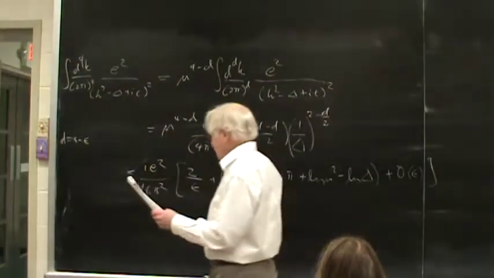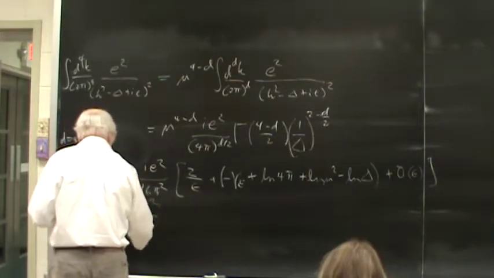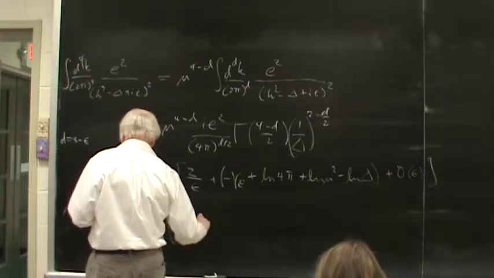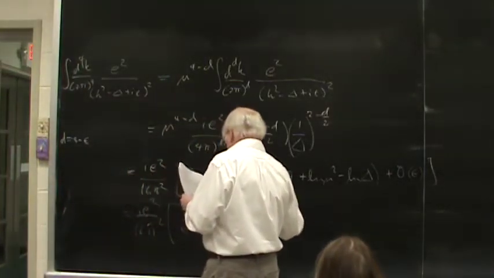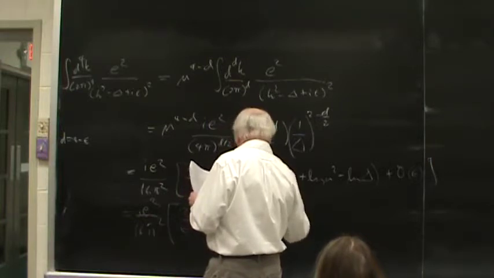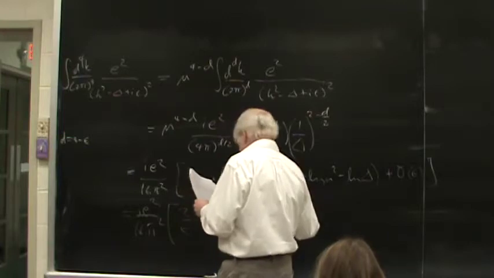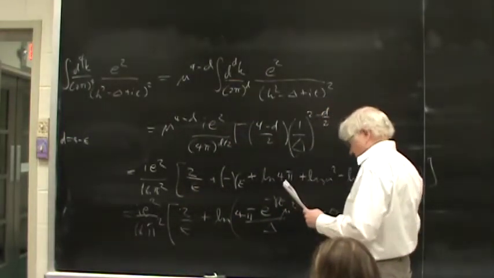And so one can combine that into I e squared over 16 pi squared 2 over epsilon plus log of 4 pi e to the minus gamma e mu squared over delta plus order epsilon and so forth.